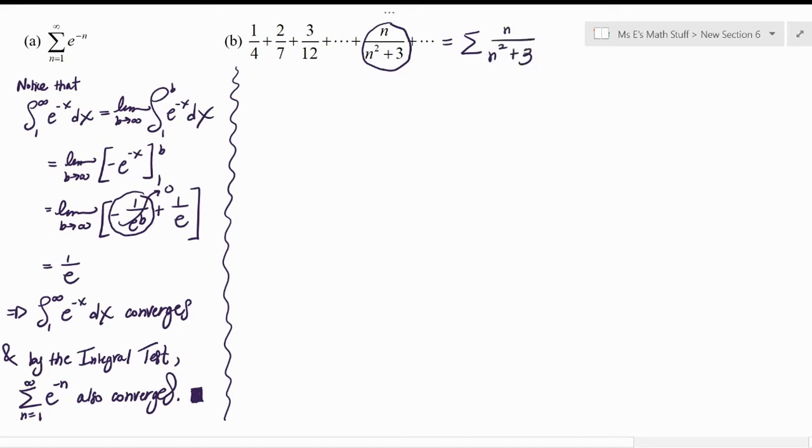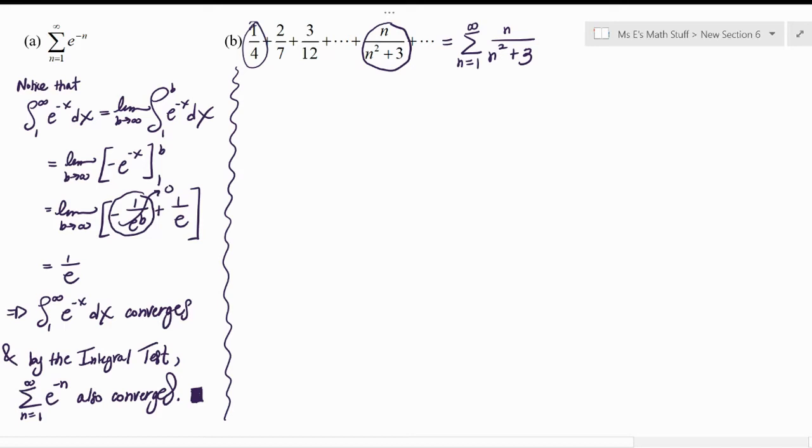They would have started at 1. How do I know? Because if I plug 1 into this rule, I get the first term, and then going to infinity. Is this always going to be positive, at least for n starting at 1 and going to infinity? Yes.